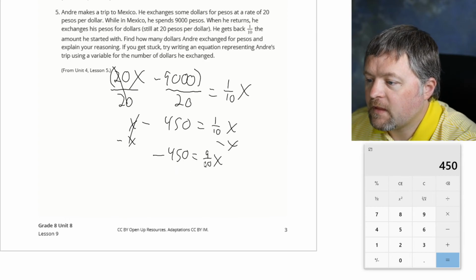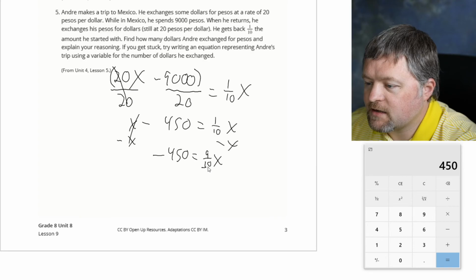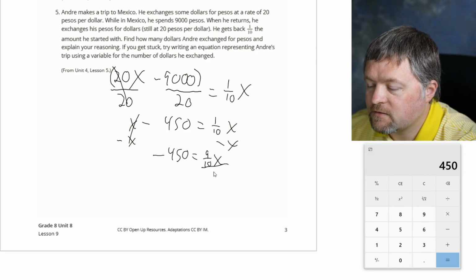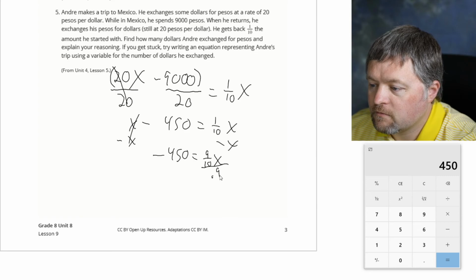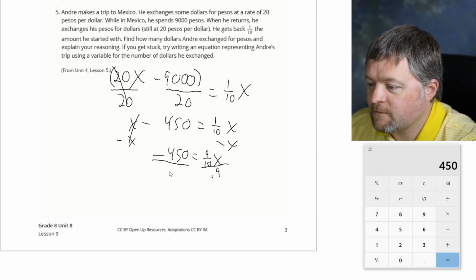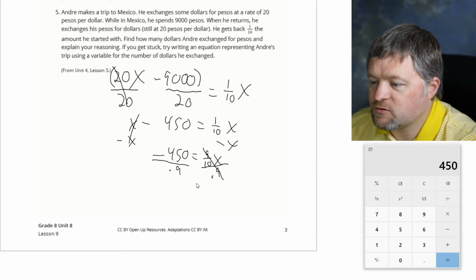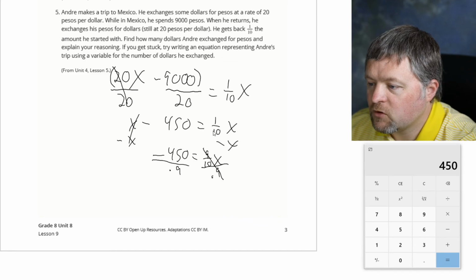Now, how do we isolate the x? Divide by 9/10. Just to make it easier to put in a calculator, I'll write 9/10 as 0.9. Do it to one side, do it to the other. Those will cancel. Ooh.